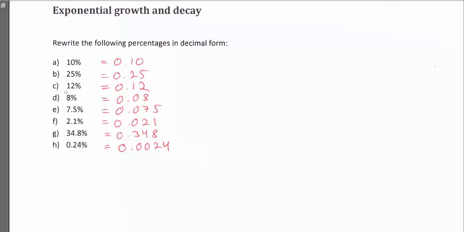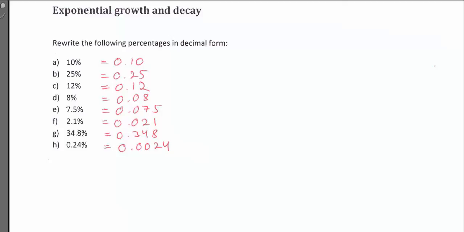Sometimes I see students, they answer 0.8 for 8%, but 0.8 is 80%, okay? Same thing for 7.5%, they answer 0.75, but 0.75 would be 75%, not 7.5%.